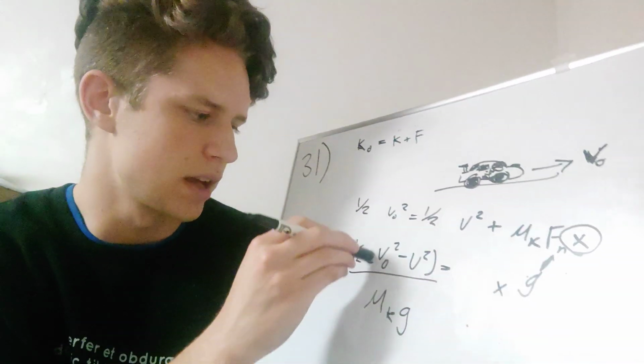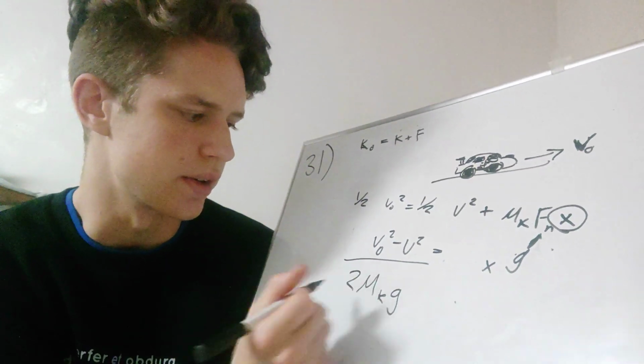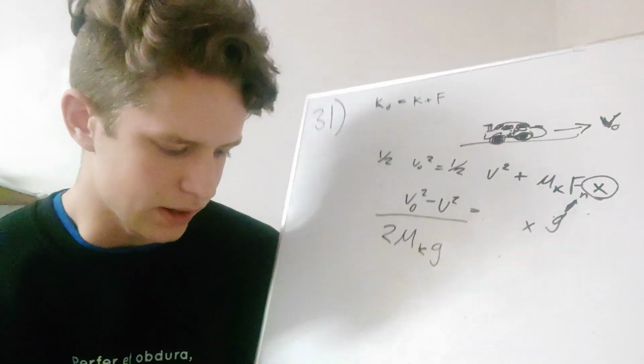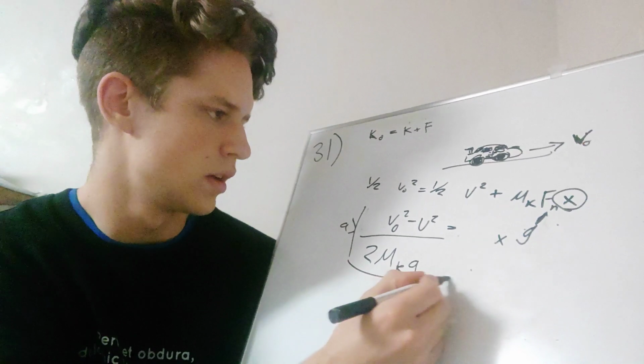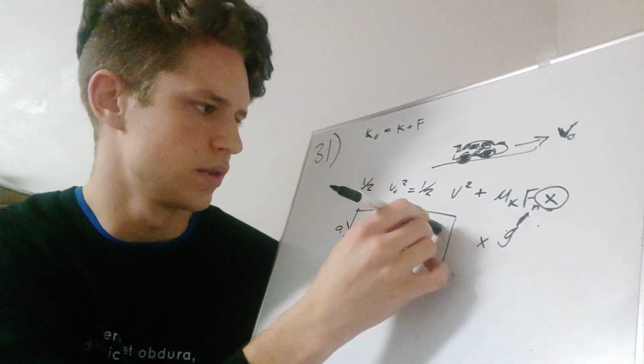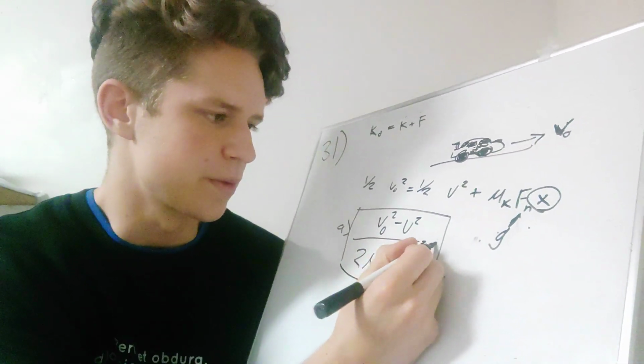And if you want, you can make it look a little prettier by taking the 1/2 off and just putting a 2 down here. So that is part A. Boom. Oh wait, the x is kind of important in this, isn't it? I'll just add it in real quick.